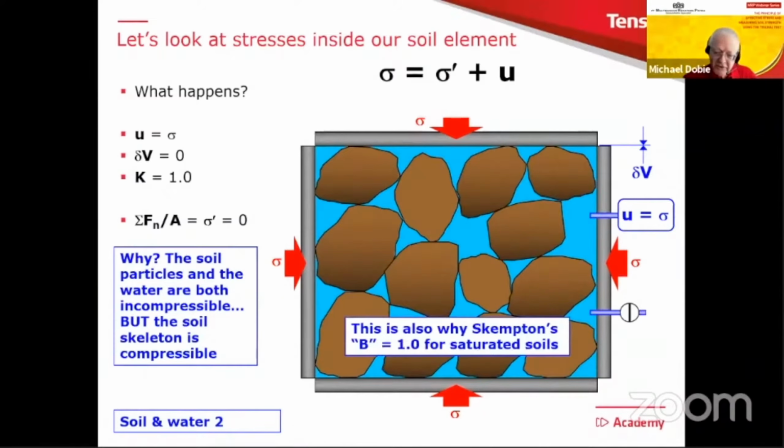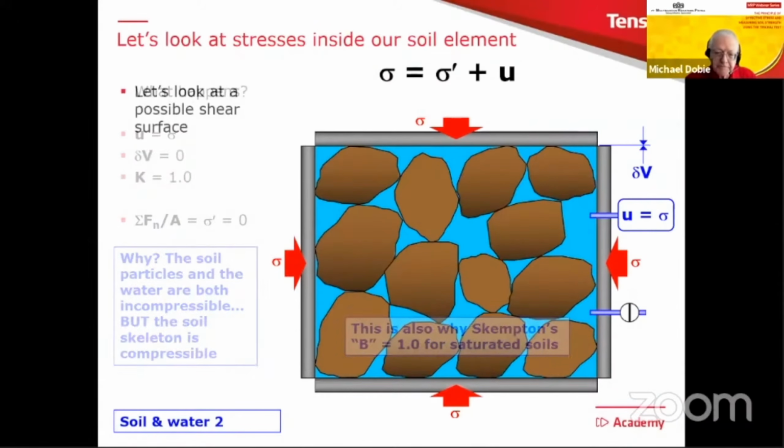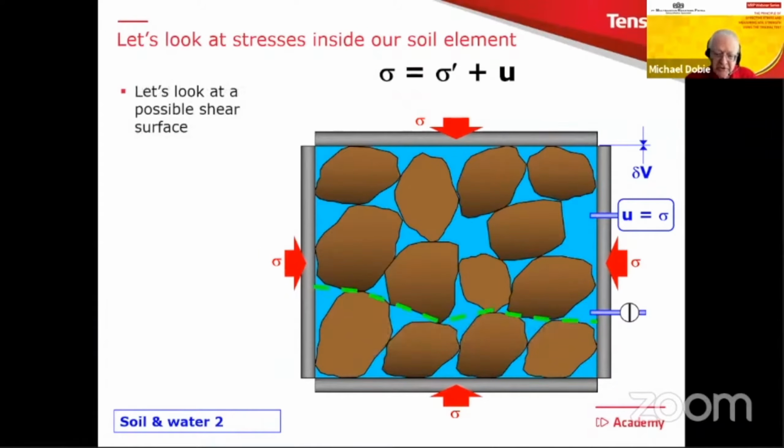In fact, this is the explanation of Skempton's B parameter being 1 for saturated soils. You apply a stress, which is an all-round stress, and it all goes into the water pressure, which means that the Skempton's B parameter is 1 for saturated soils. Let's look at our possible shear surface. There it is. So we put in our little arrows.